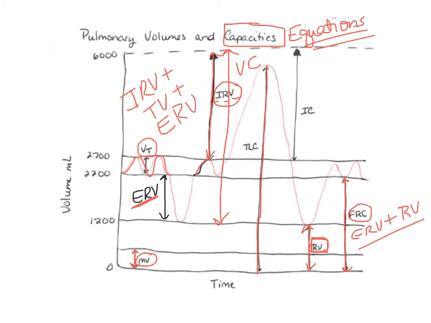So I want to ask you this. In a person that has COPD, they have a hard time breathing out. It's like breathing through a straw, right? So their expiratory reserve volume is going to be decreased. What then happens to their residual volume?